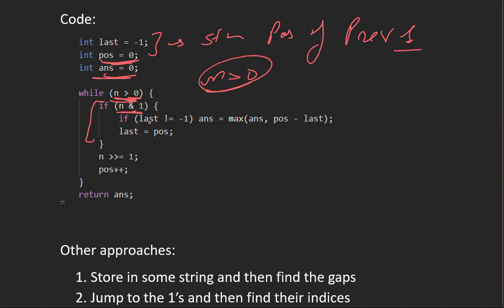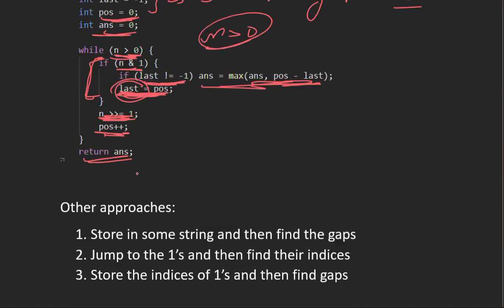If the current bit is 1 and last is not equal to -1, meaning some 1 was present earlier, then we update our answer, and then we update the position of the previous one. In the normal case also, we right shift the number by 1 and increase the position, and at the end we return the answer.